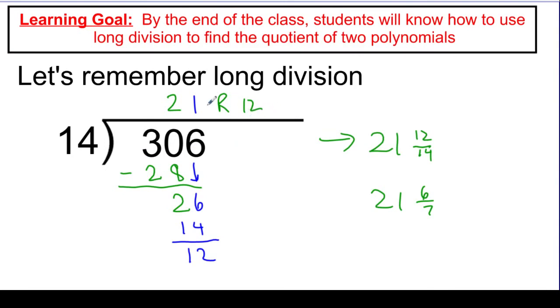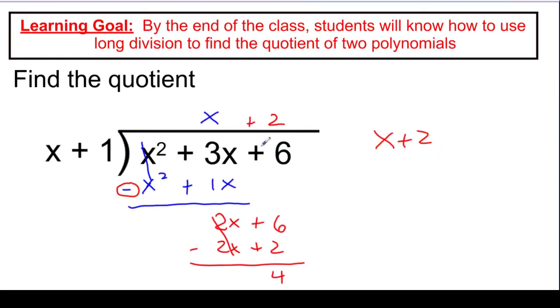Okay, in this problem, I had a remainder of 12, right? Here it is. And I put it in a fraction on top, and then the bottom of the fraction was what I was dividing by. We said I had 12 out of the 14. We're going to do the same thing. Here's the 12, there's the 14, set it up right next to the problem. So watch what I do. I'm going to say x plus 2, I have a remainder of 4, and my divisor in the problem was x plus 1.